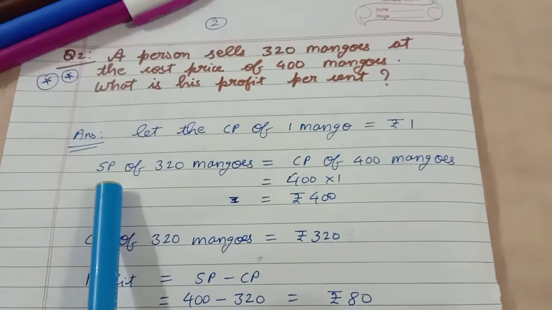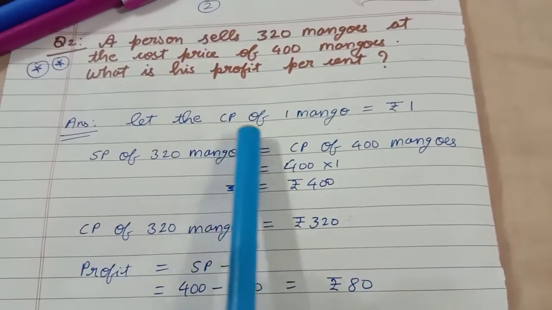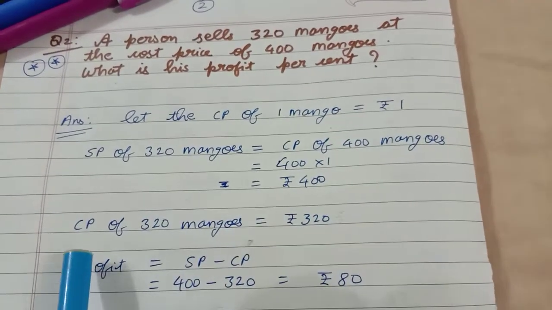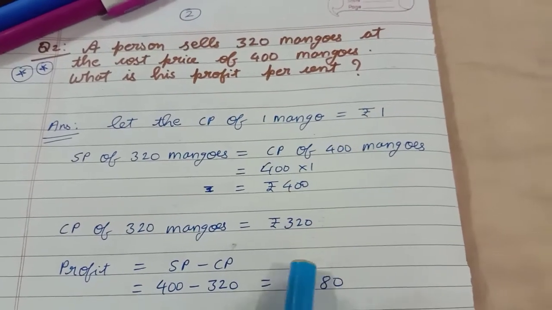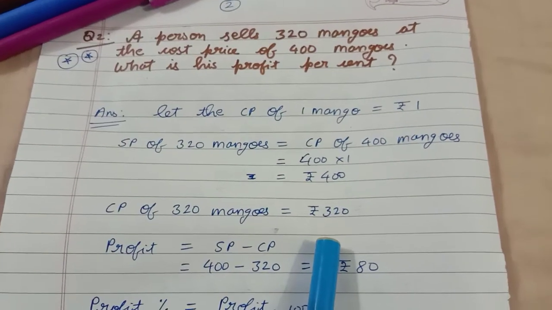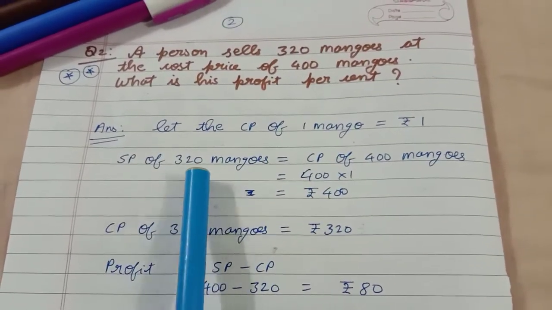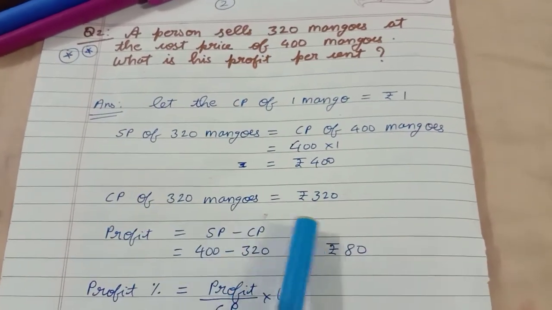We got the selling price for 320 mangoes. The cost price of one mango we had assumed rupees 1, so the cost price of 320 mangoes will be 320 into 1, that is rupees 320. See, if you go stepwise, we got some numbers: the selling price for 320 mangoes and the cost price for 320 mangoes.